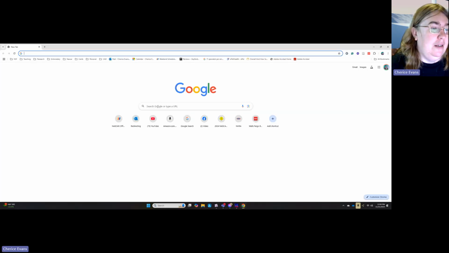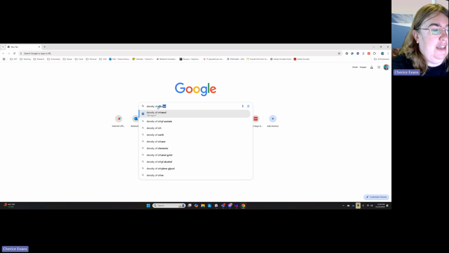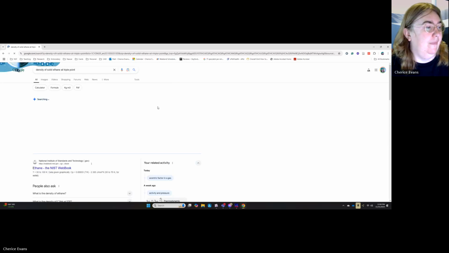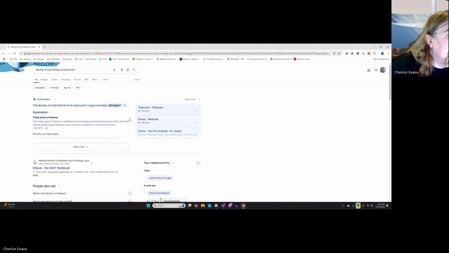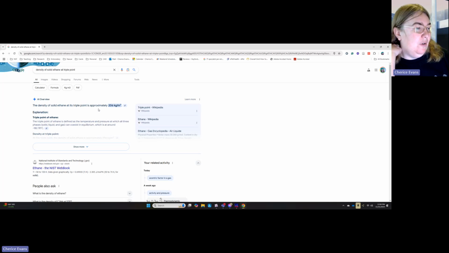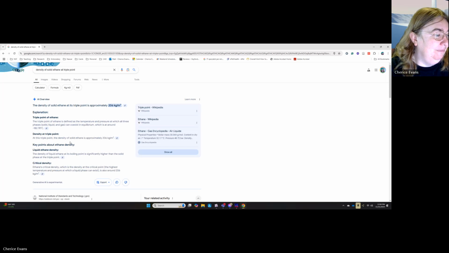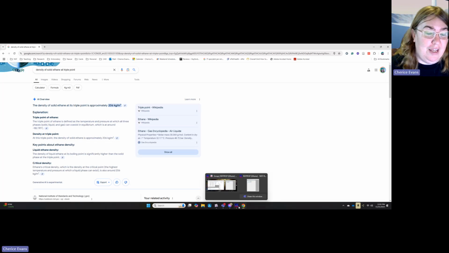So, our friend. The density of solid ethane at the triple point. Okay, so the density of solid ethane at the triple point is 206 kilograms per meter cubed. Now I have to convert that to moles per liter.